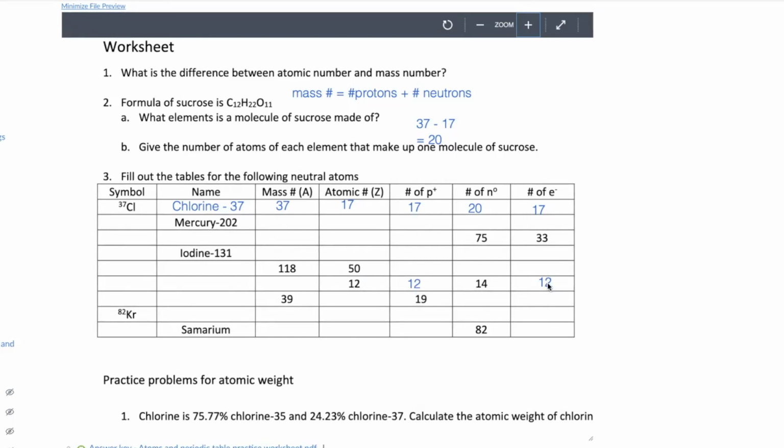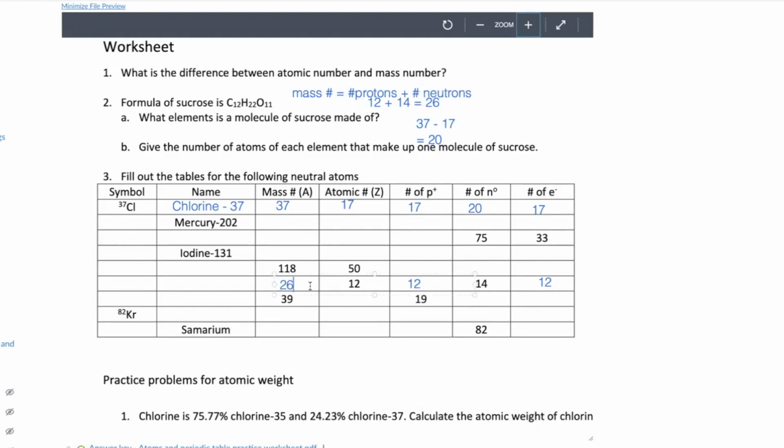Now, the mass number is the number of protons plus neutrons. So what do we have? The protons, 12, plus the neutrons, 14, which is equal to 26.